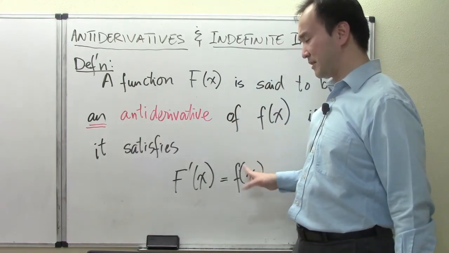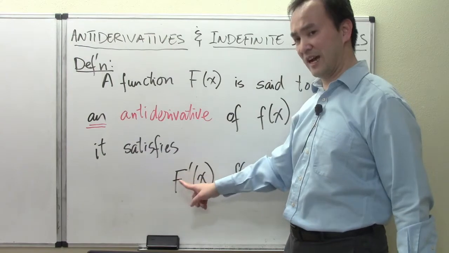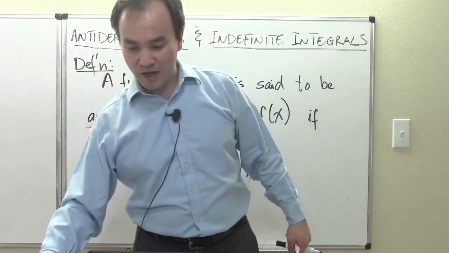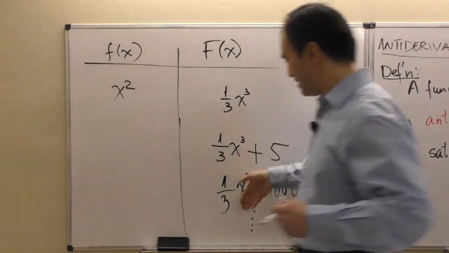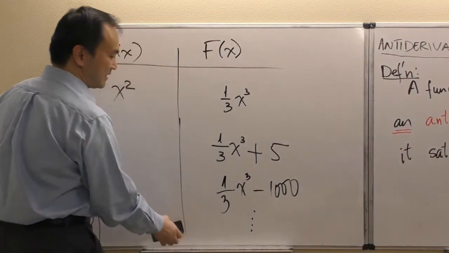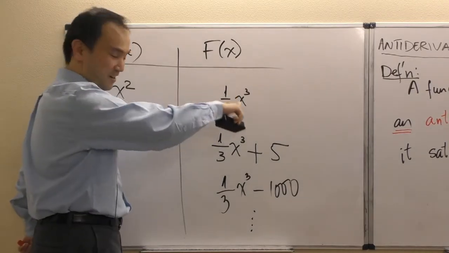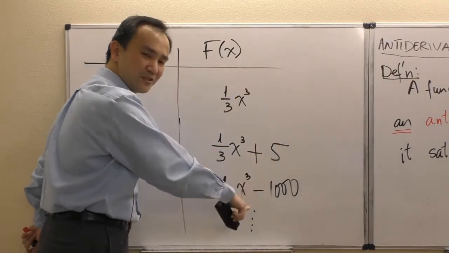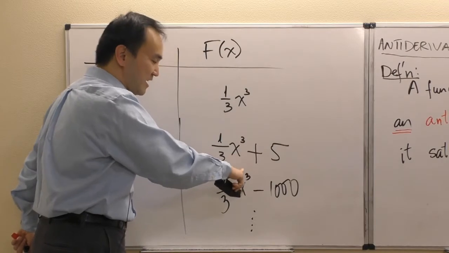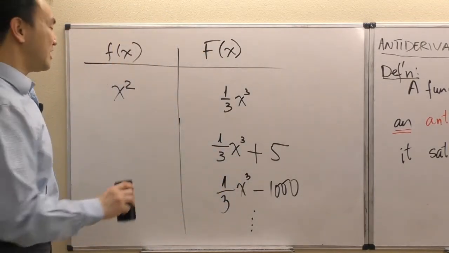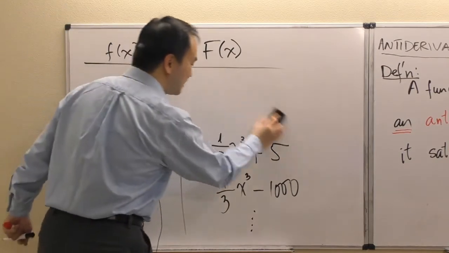There can be more than one answer that satisfies this requirement. It looks like we have one core one, and the rest of the family is simply a matter of adding a constant to that.